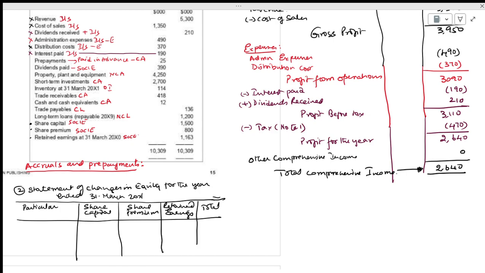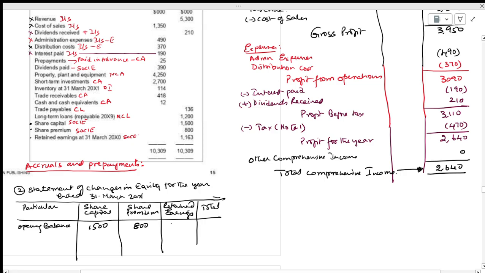Opening balance. How much is the opening balance? Share capital is how much? 1,500. Share premium? 800.